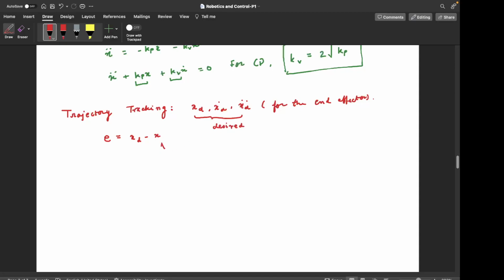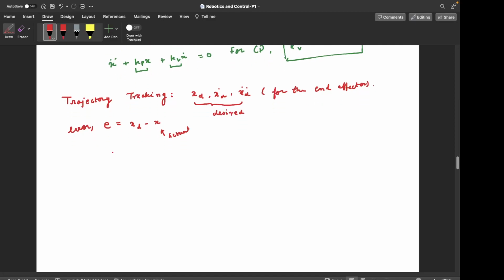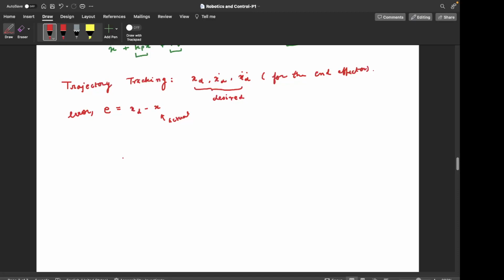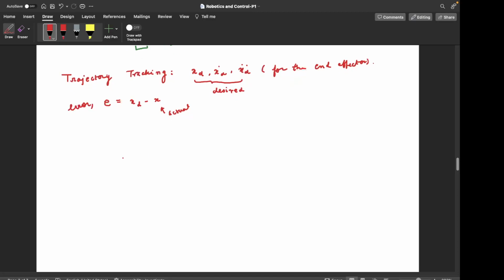This is basically the error, and our goal is to design a control law such that the error goes to 0. So basically what we would do is derive what we call error dynamics and make sure that the error dynamics is critically damped.